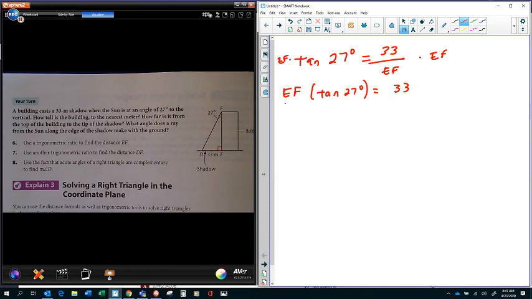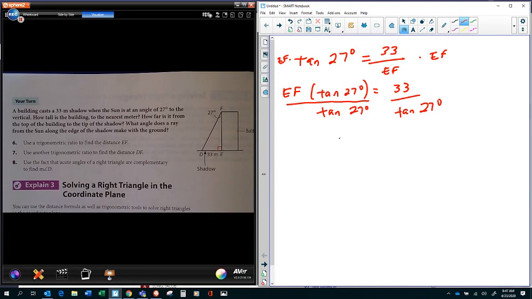And again, divide both sides by the tangent of 27. Oops, tangent of 27 degrees, sorry. Did not mean to write that small.